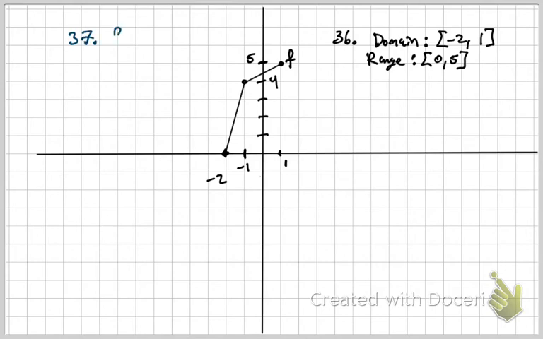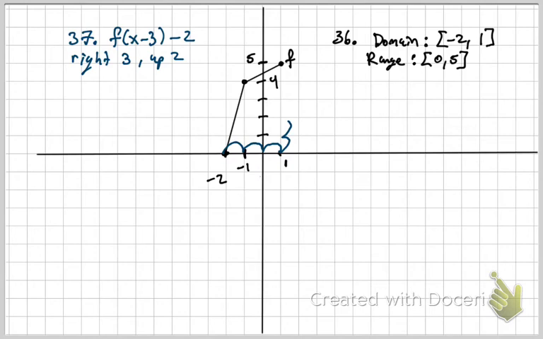Okay, now 37 we're actually going to do a transformation. So f of x minus 3 minus 2. Now if it's inside with the x, that's going to control left to right. It's going to do the opposite of what you expect. So that x minus 3 is going to slide everything to the right 3, and then outside is going to shift it down 2 units.